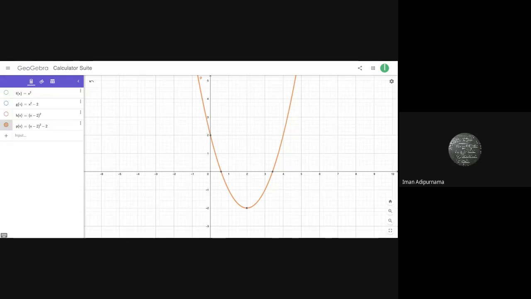From negative b over 2a, you can plug that into the function, and you will get the f of x value, negative 2. Or you can simply rewrite the whole equation in standard form. But if it has irrational numbers, then you need to use the quadratic formula.